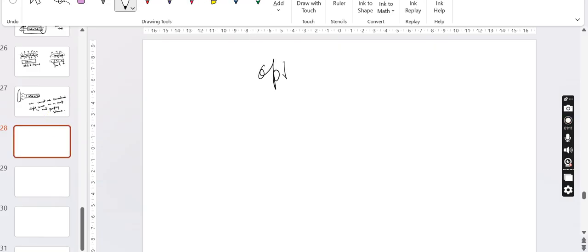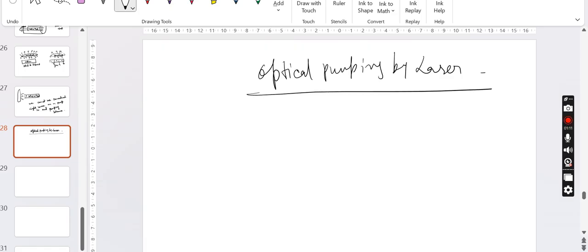Now optical pumping by laser. Basically, we will use a laser where the pump laser bandwidth and the bandwidth of the laser we are using will match.